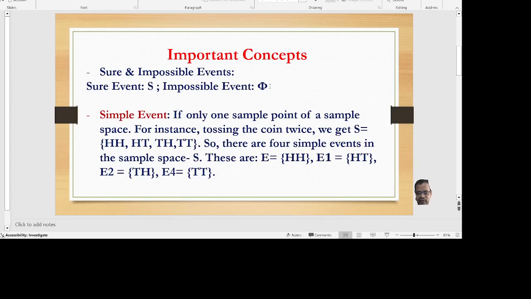A sure event, as you already studied in class 10th, is something where the event is certain to happen. Usually that is expressed with the mathematical symbol S. Similarly, an impossible event is expressed with the symbol phi. An impossible event is something which is not going to happen.